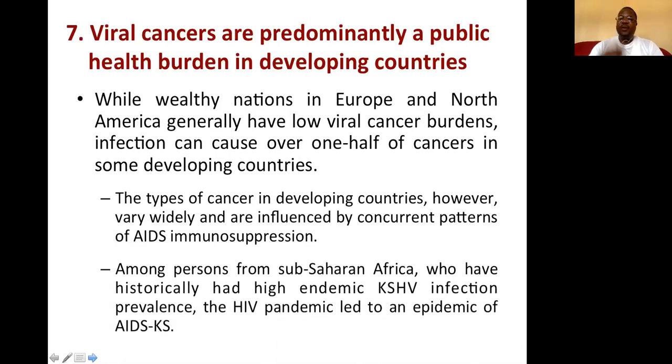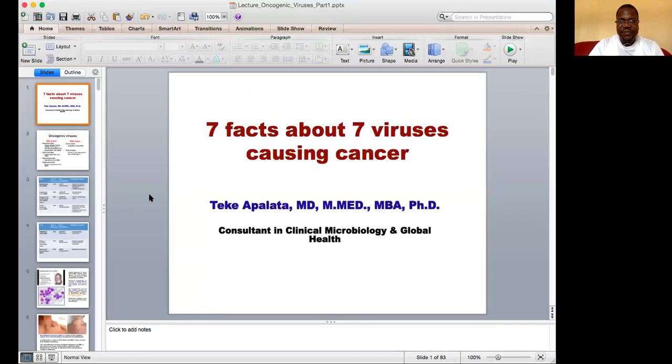So among persons from sub-Saharan Africa who have historically had a high endemic rate of Kaposi sarcoma, or AIDS Kaposi sarcoma, or any other type of cancers in sub-Saharan Africa, it's mainly the result of the HIV pandemic that led to the development of some of the cancers that we see.